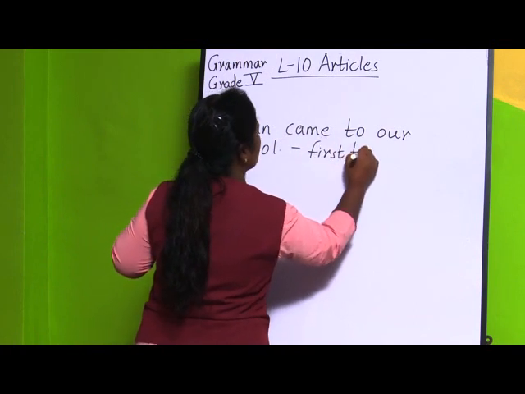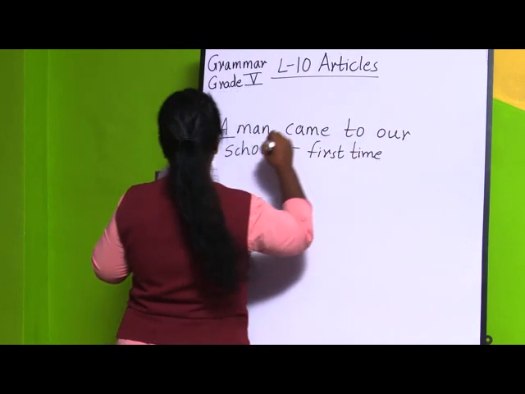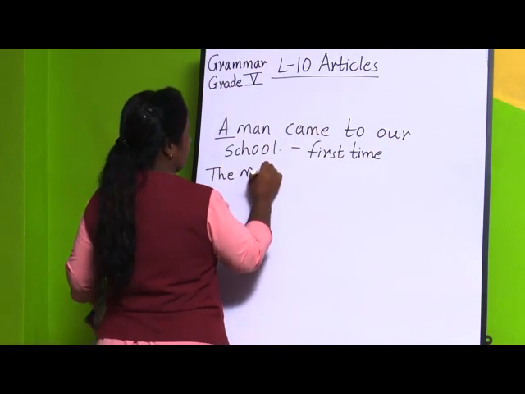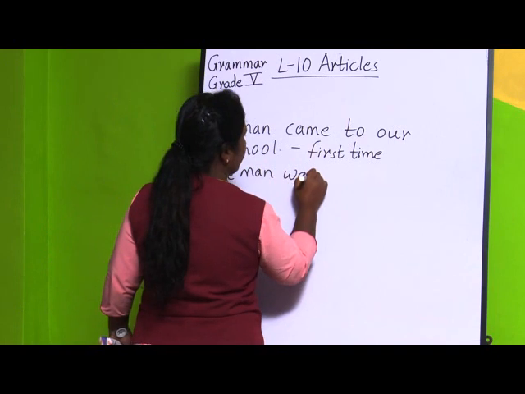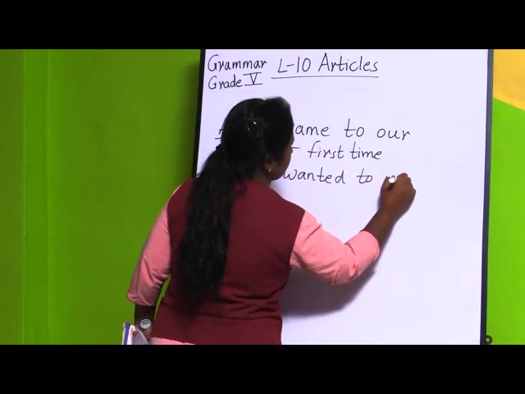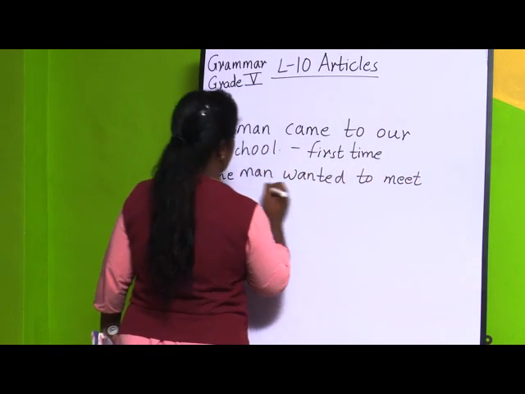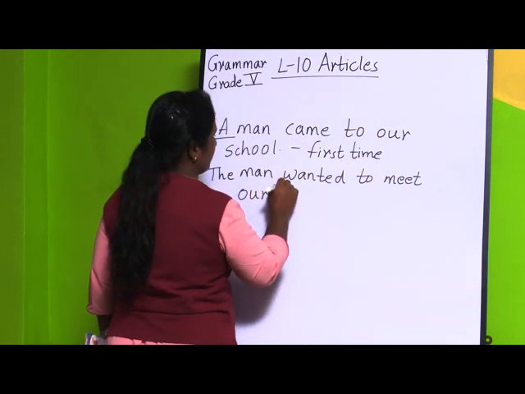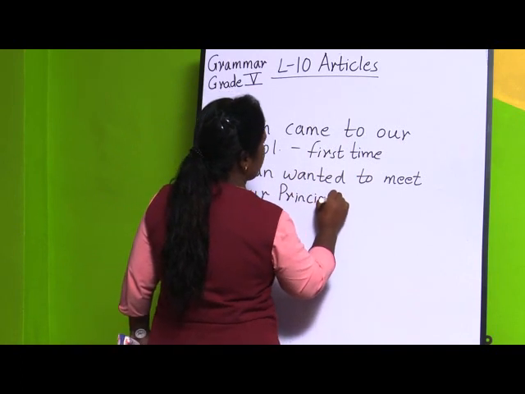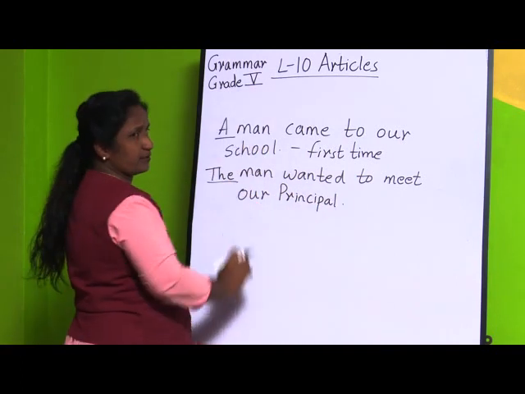But if I want to write about this man for the second time, what will I write? The man wanted to meet our principal. So, second time I am talking about him, so that is why I am going to use the article the.